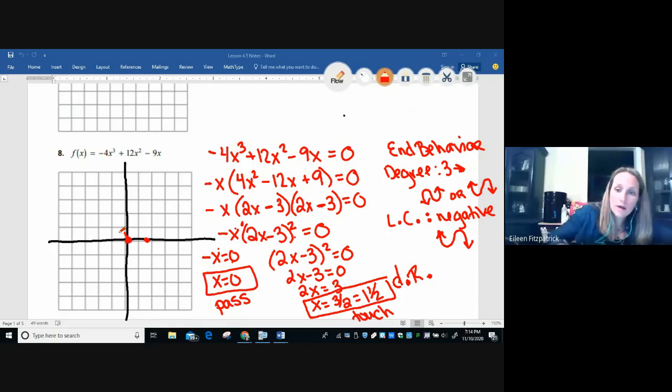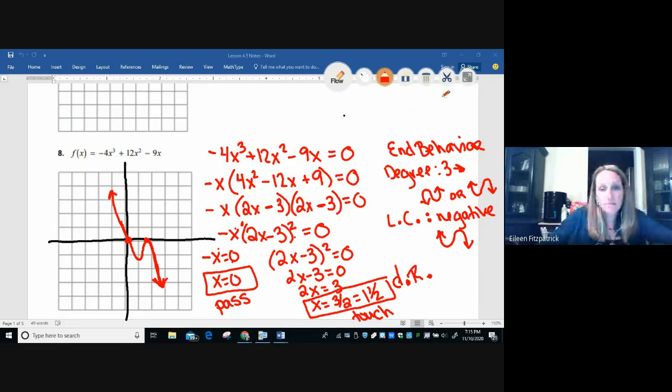One end is up while the other end is down. So for x equals 0, I'm supposed to pass through. So that means I go through it and I keep going down a little bit. But at some point, I'm going to have to start heading back towards the next x-intercept. For this one, it says I just touch it. So I touch it and quickly change directions, which agrees with what I said my end behavior was going to look like. So there you have it.